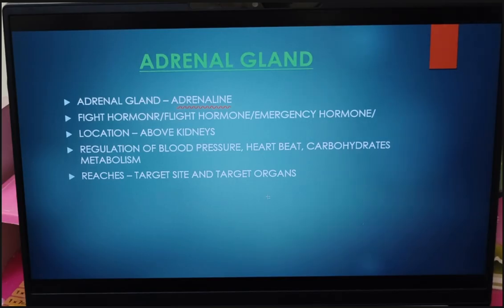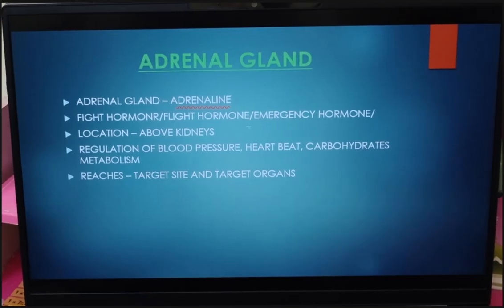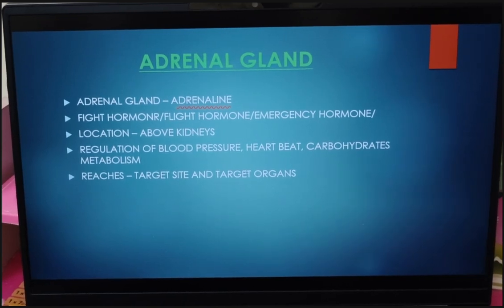For example, if the hormone reaches the heart, that reaching point is the target site and the heart is the target organ. So adrenaline directly drains into blood and reaches the target site and target organs. It maintains the regulation of blood pressure, heartbeat and carbohydrate metabolism. That is why too much emotion is not good for health.